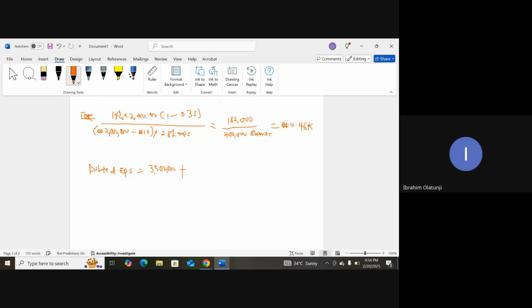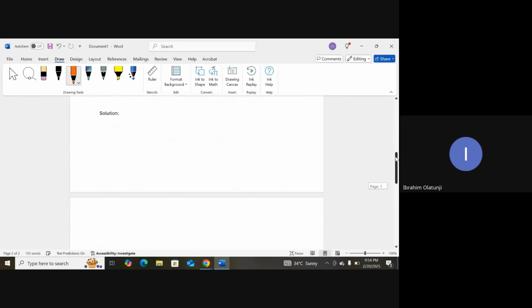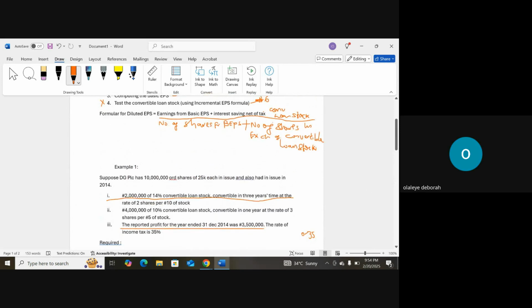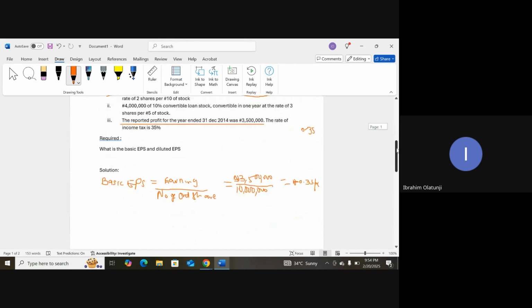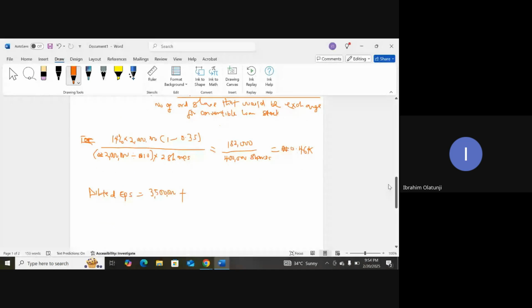Plus, I said you should add interest savings net of tax on convertible loan stock. So what is our interest savings net of tax? It can't be 46 now.